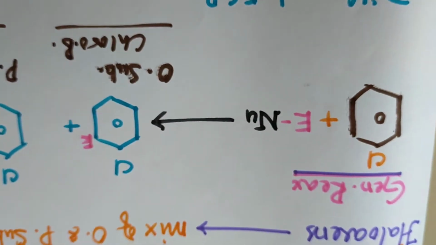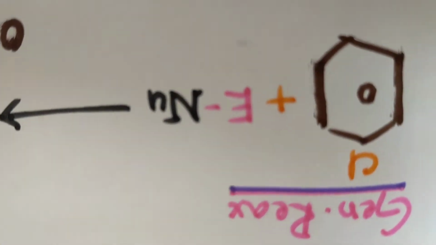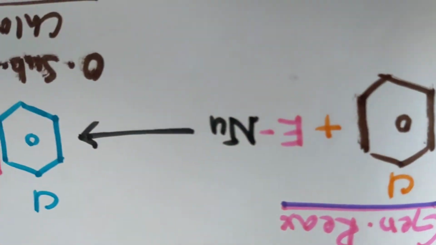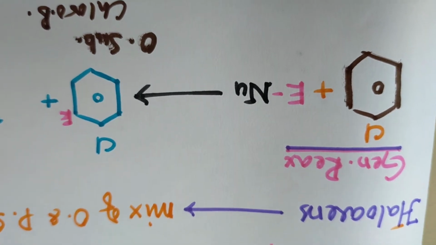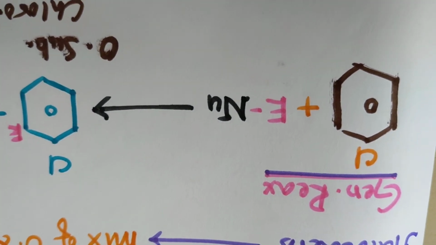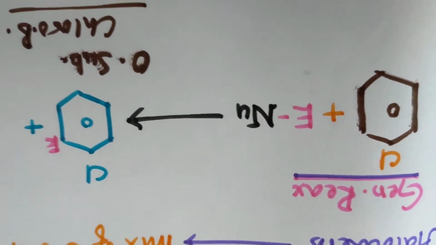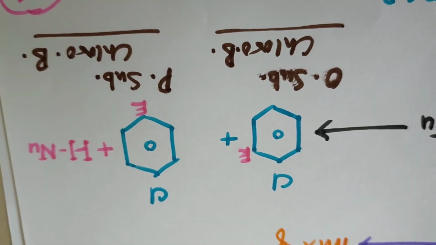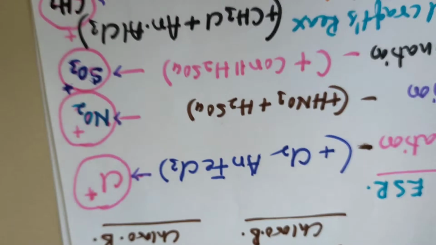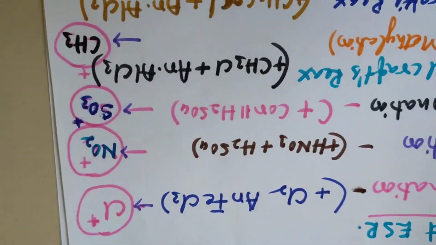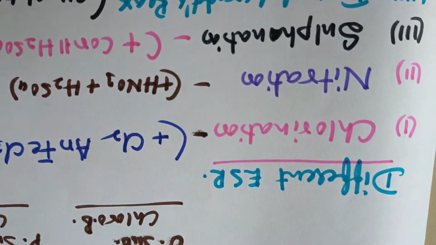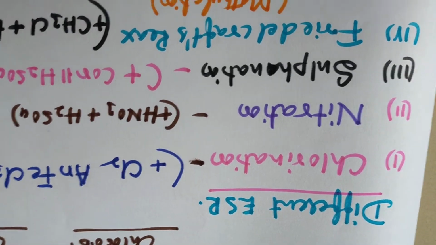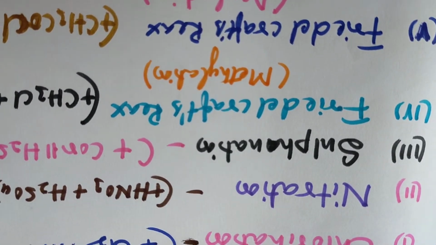Again, the general reaction we are taking here: chlorobenzene plus an electrophile forms ortho substituted chlorobenzene and para substituted chlorobenzene. Then there are particular examples of the different electrophilic substitution reactions.